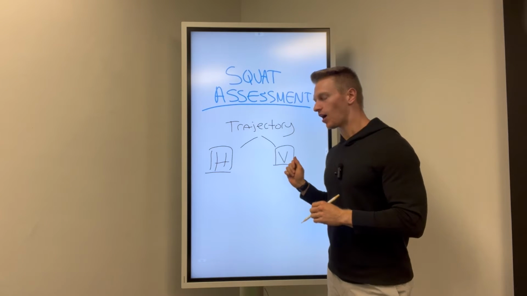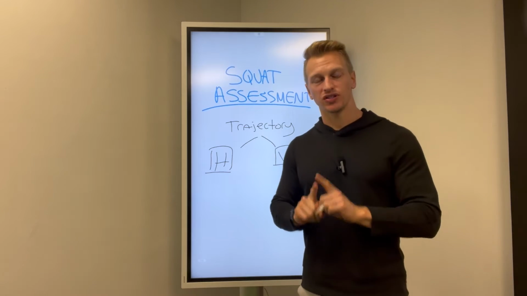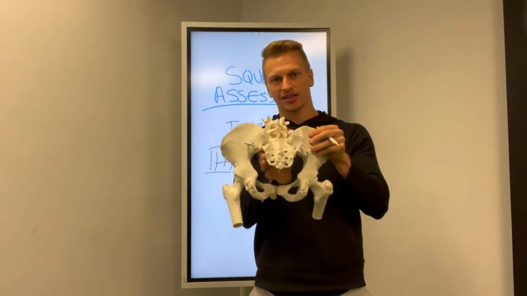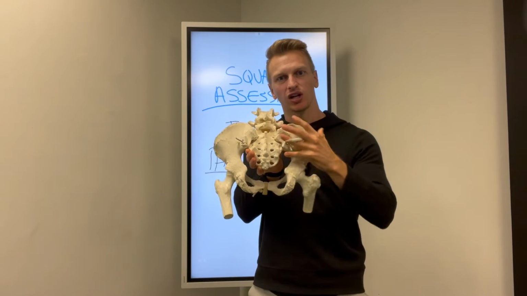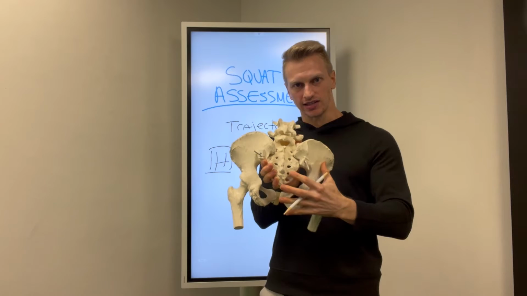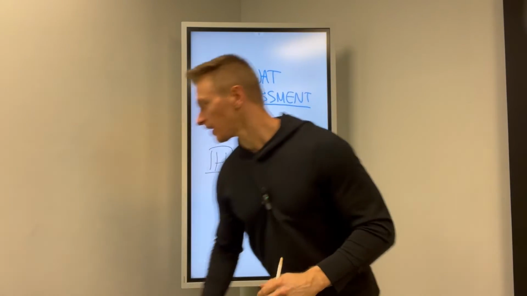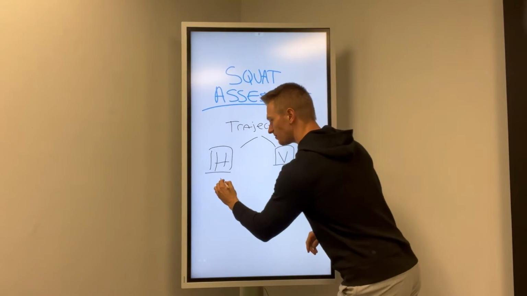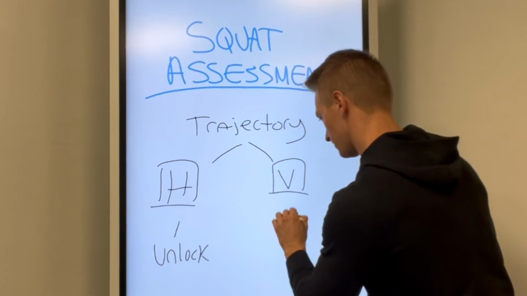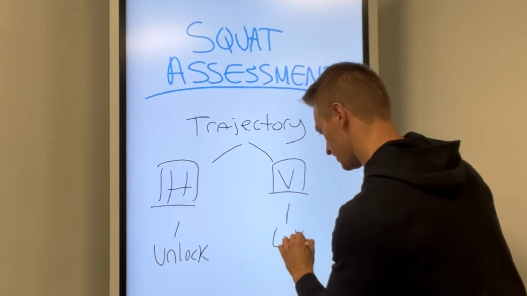From here, I want you to think of the posterior pelvis, aka the backside of the pelvis, thinking glutes, upper hamstrings, external rotators, these things. Okay? And from that, I want you to think about unlocked, locked.